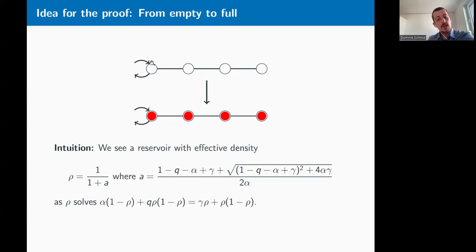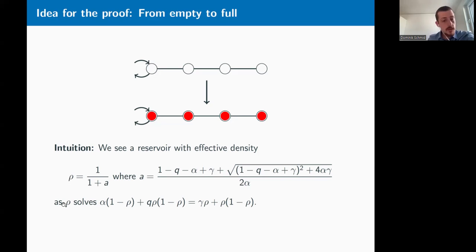So we can think of the left-hand side as being a reservoir of particles, and we can assign to it an effective density. This effective density, I want in the following to call just rho. So you should really think of extending the segment towards infinity with a constant density, like a Bernoulli product measure with parameter rho.